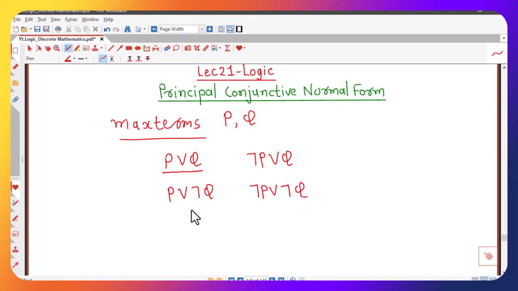So now I am considering the OR operator, and I am using a variable or its negation, and therefore these 4 disjunctions are called max terms.